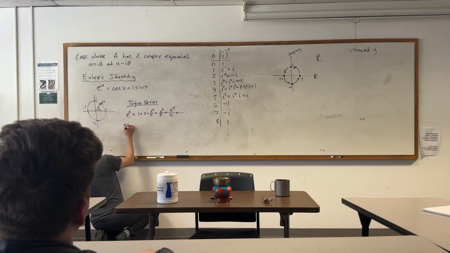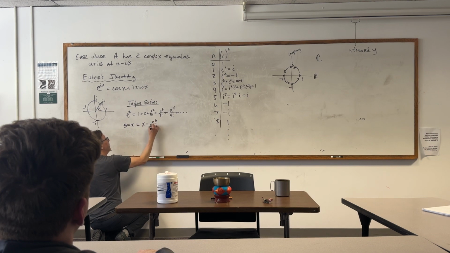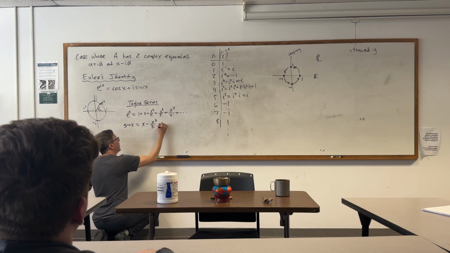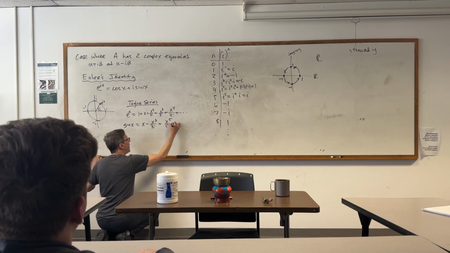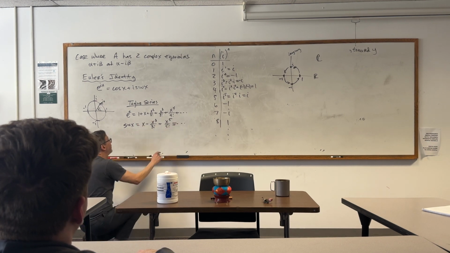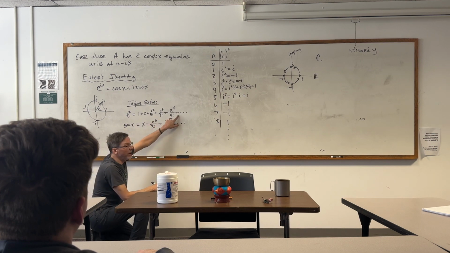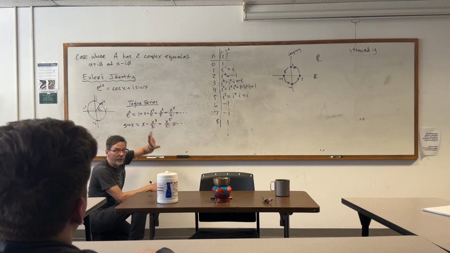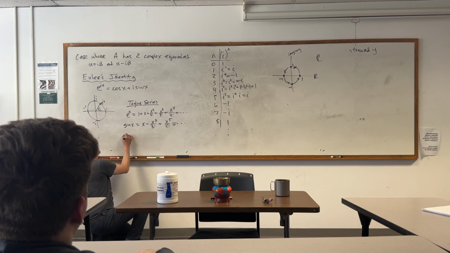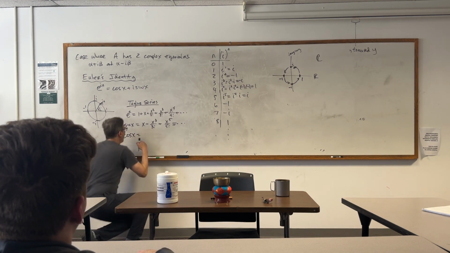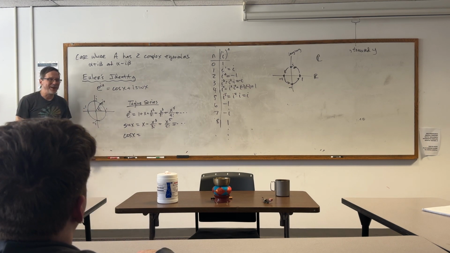I also know that the sine of x is x minus x cubed over 3 factorial plus x to the 5th over 5 factorial, and now it's just these odd powers. Kind of every other term here with the sign alternating. And then, let's say I didn't remember what that was.